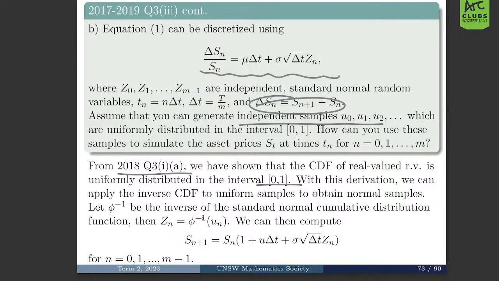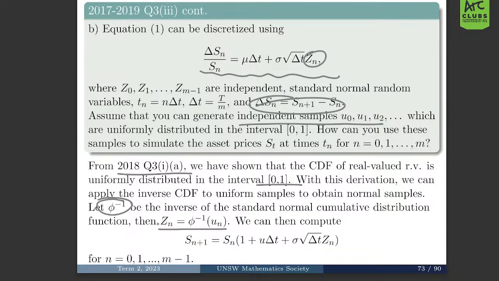And with the inverse, we can let the inverse of the CDF be phi inverse. Then we can obtain the Zn, which is what we want inside the formula, the standard normal random variables, by inverting these independent samples that we can generate.